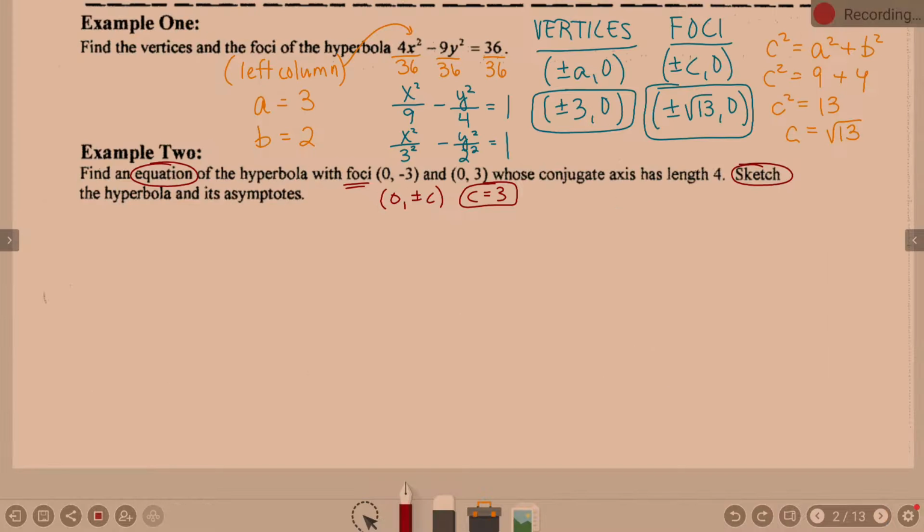In this case, since I'm 0 plus or minus c, what does that tell me? We're going to be in which column? This is a right column problem. We know that because of our foci, right? Because that 0 comes first, that's what tells me that this is a right column problem.